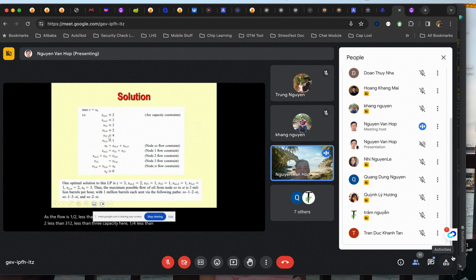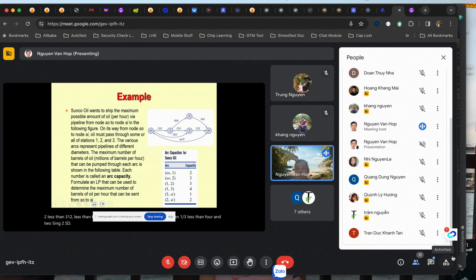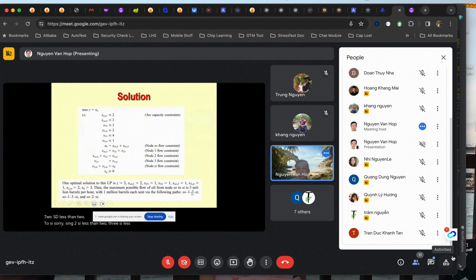X2 sink less than 2. X3 sink less than 1. Something like this. And the condition is that the flow should be non-negative.